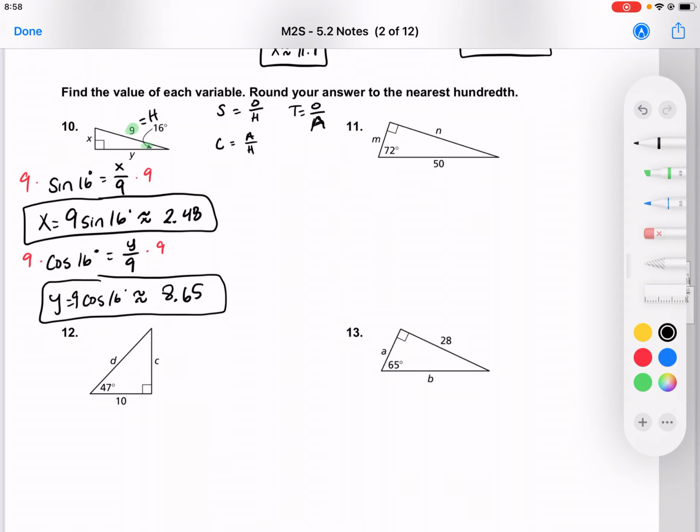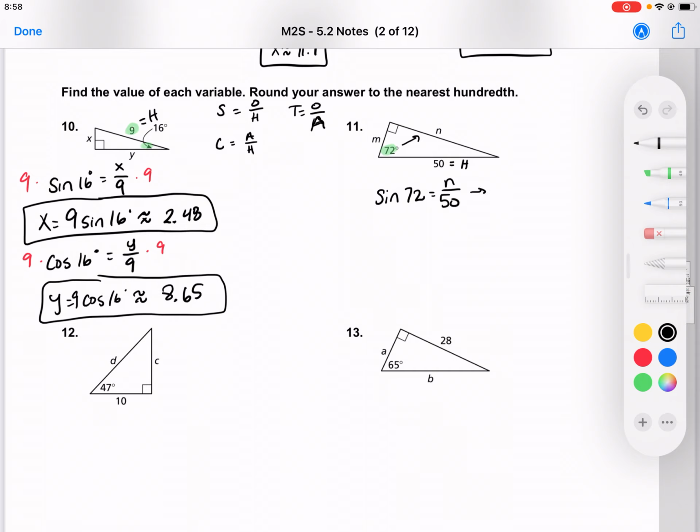Okay, let's do the next one. So looking at which side they give you is a huge indication of which ones we want to use. So they gave us the hypotenuse again. So once again, I'm going to go ahead and use sine and cosine. So we'll do sine of 72 is equal to our opposite, so n over our hypotenuse.